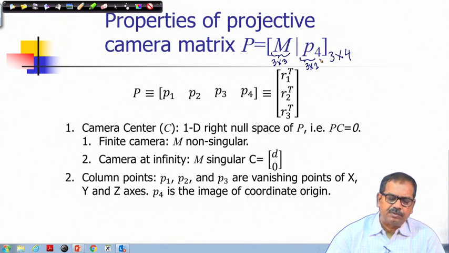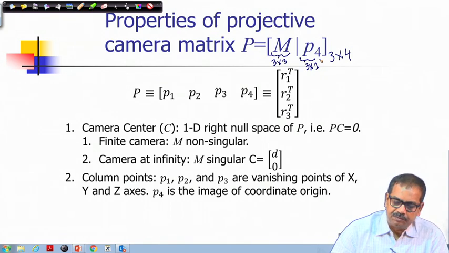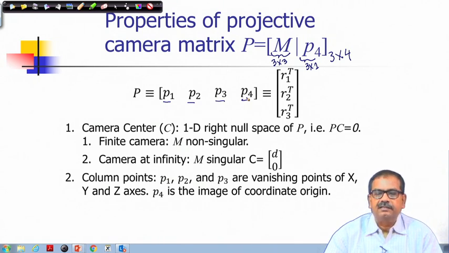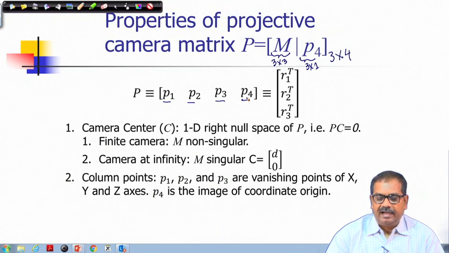We can also represent projection matrices by their column vectors only. Since there are 4 column vectors, the first, second, third and fourth column vectors are denoted by these symbols. Otherwise, you can represent them as a stack of rows.